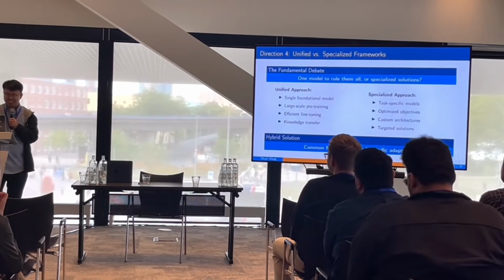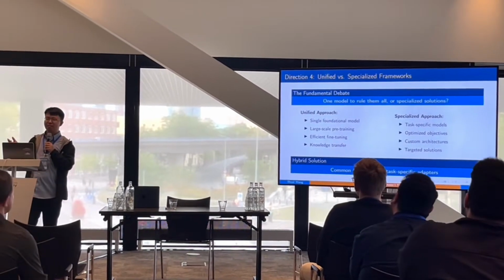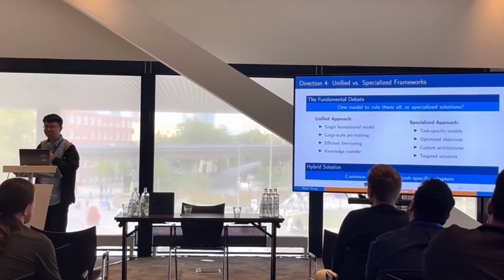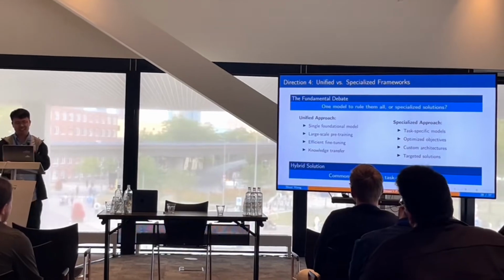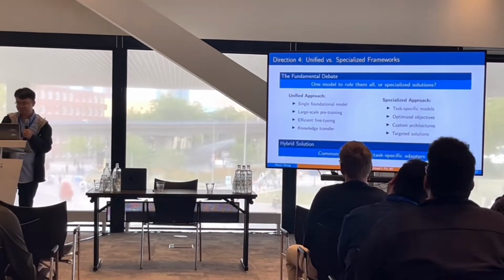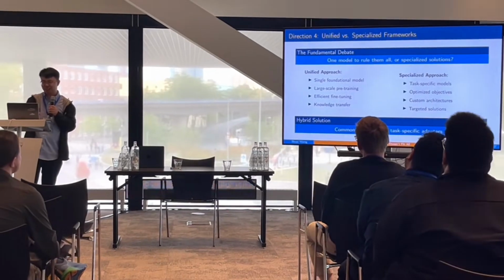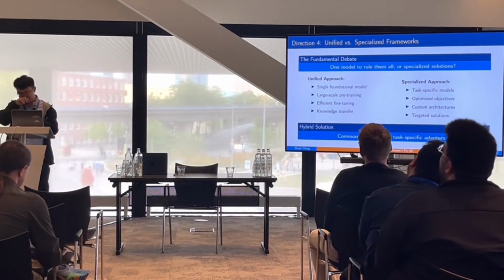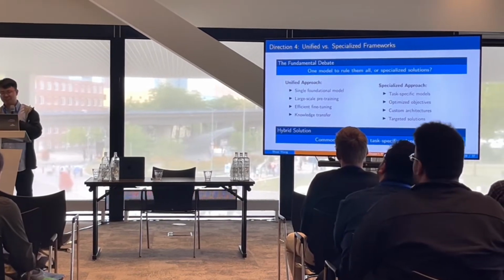Another one is whether we can first train a unified model and then do the adaptation to different tasks. Yeah, this is just a very big picture, so I don't know how to do it. One solution might be to build a common foundation model and then add task-specific adapters.